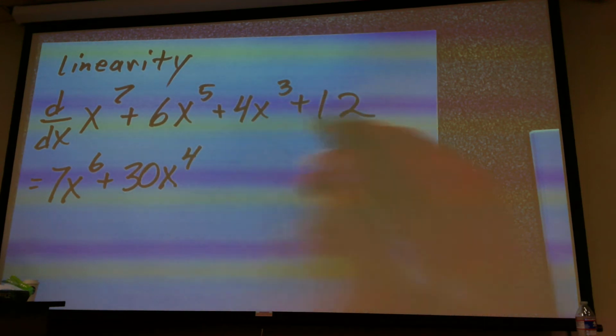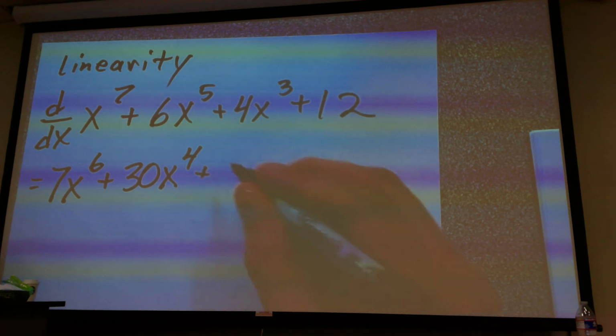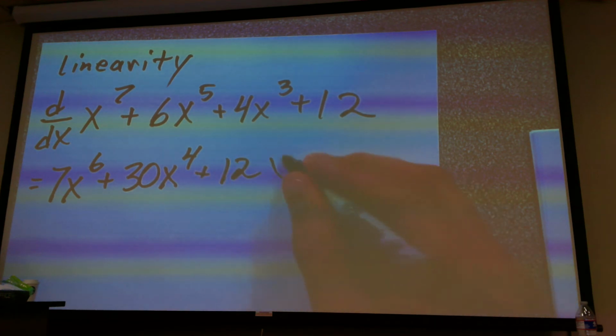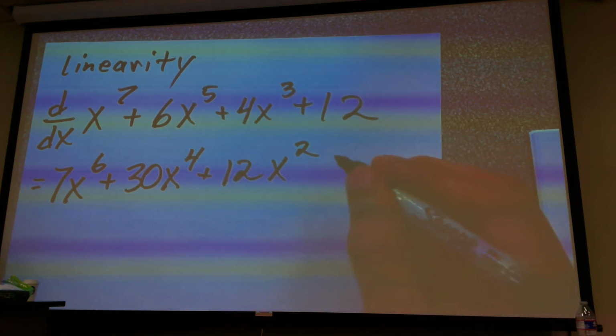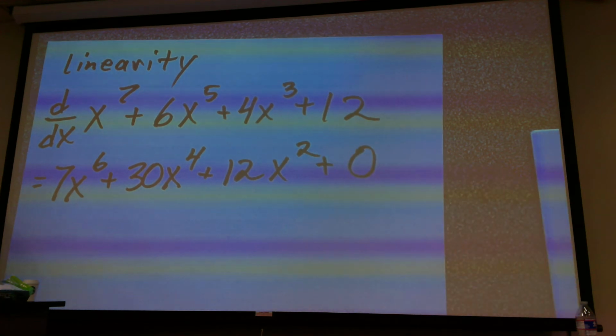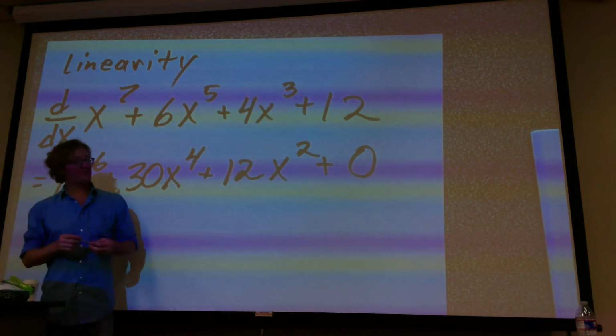Now this is going to spit out a 3. And so that's going to be plus 12x squared. And then, well, the derivative of 12 is just 0. It's a little redundant to write that 0, but I'm just trying to make a point. Okay, so that's the power rule.